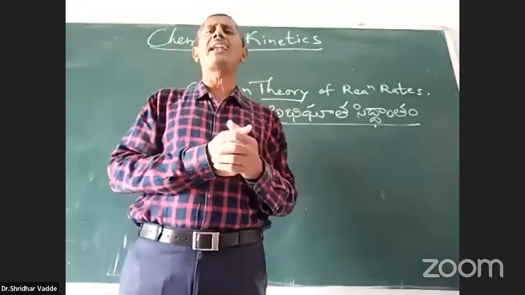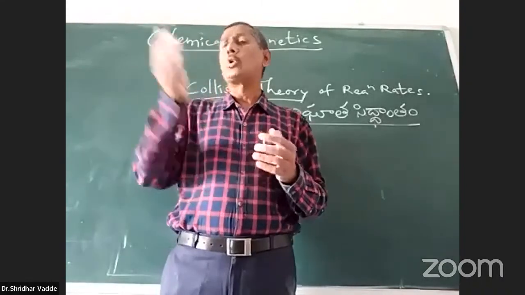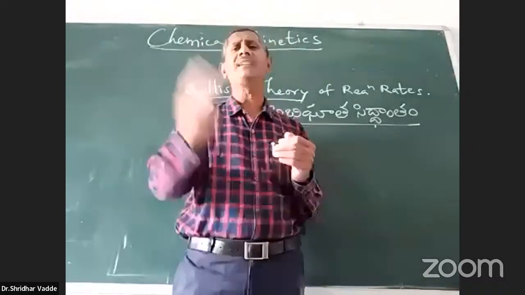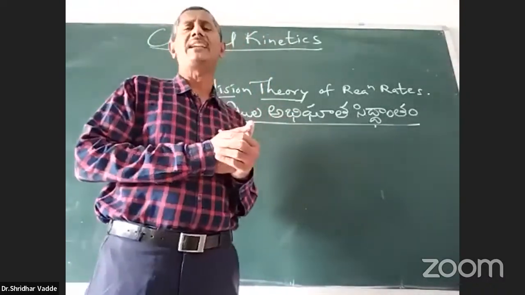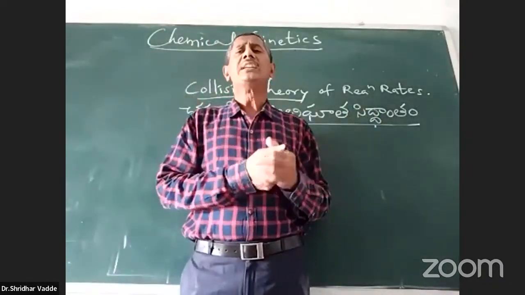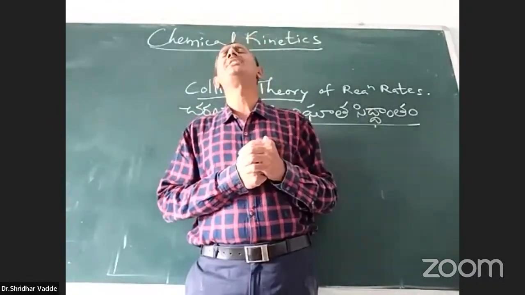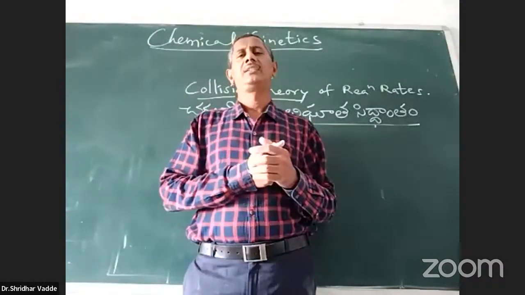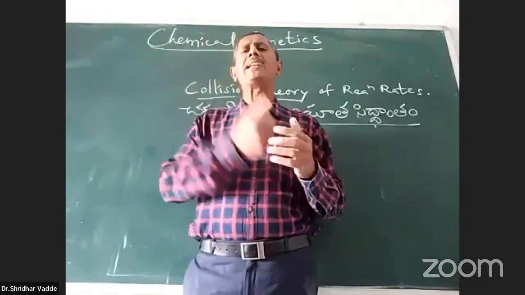Those collisions are called fruitful collisions or effective collisions. కొన్ని అణువుల మధ్య అభిఘాతాల వలన మాత్రమే క్రియాజన్యాలు ఏర్పడతాయి. ఆ అభిఘాతాలను తాడనాలు అంటాం. సో ఈ తాడనాలను ఫ్రూట్ఫుల్ కొలిజన్స్, ఎఫెక్టివ్ కొలిజన్స్, ప్రాభావిక అభిఘాతాలు లేదా ఫలప్రదమైన అభిఘాతాలని అంటాం.